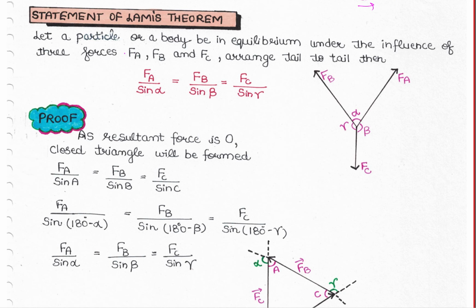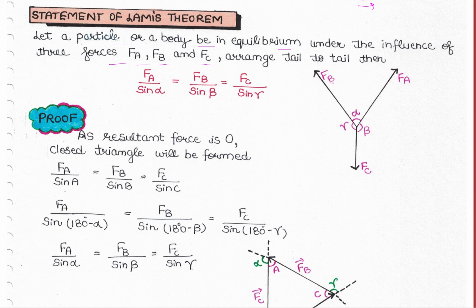Here we can also write the statement of Lami's theorem. Let a particle or a body be in equilibrium under the influence of three forces Fa, Fb, Fc arranged tail to tail.